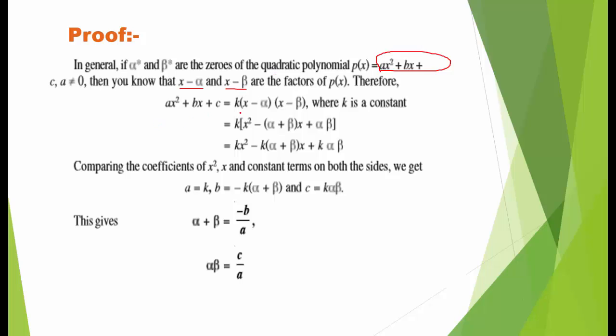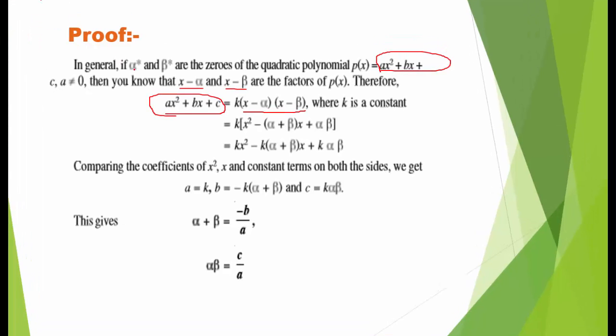Similarly here, if x minus alpha and x minus beta are the factors, then we can write x minus alpha and x minus beta into any number, say k, equals ax square plus bx plus c, which is our quadratic polynomial. Now on multiplying this we get kx square minus k times alpha plus beta into x plus k alpha into beta.